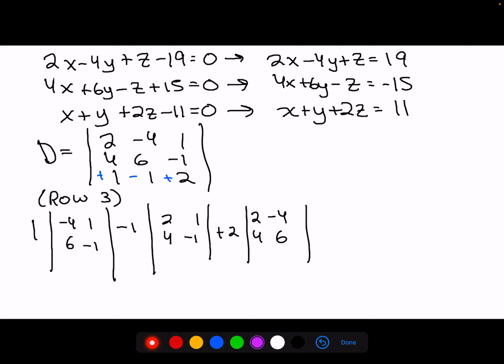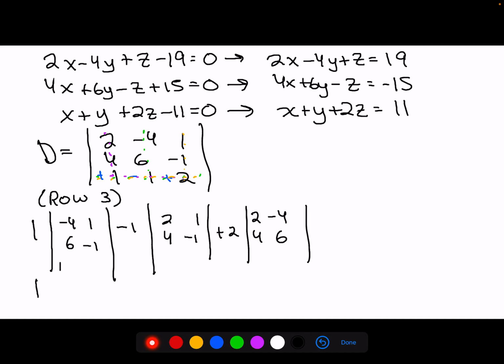When I do the 1, I ignore everything in the same row and column and make a new matrix with that. Same for the negative 1 and for the 2, and then I do those determinants times the elements in row 3.